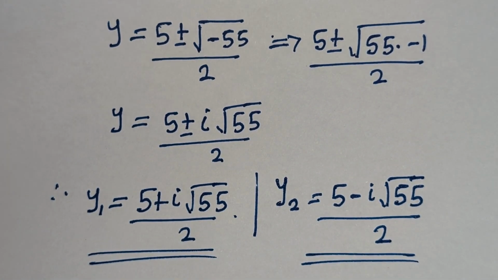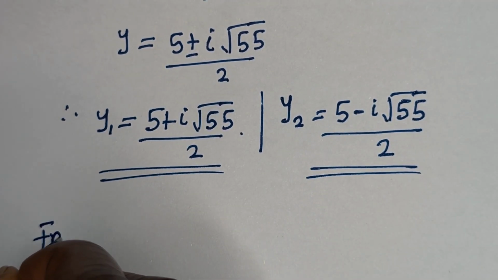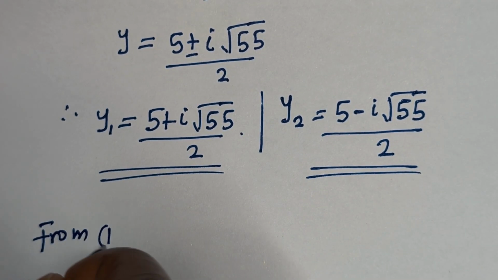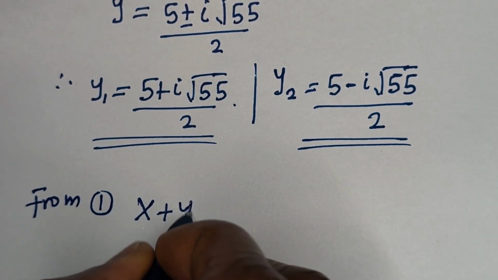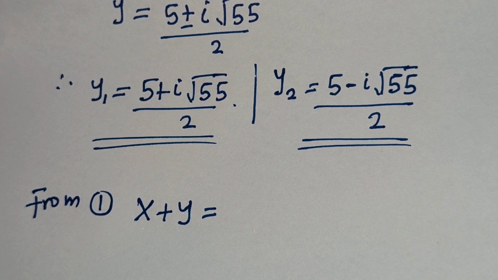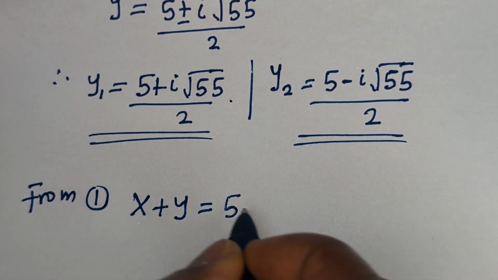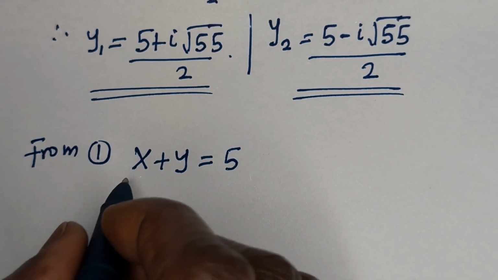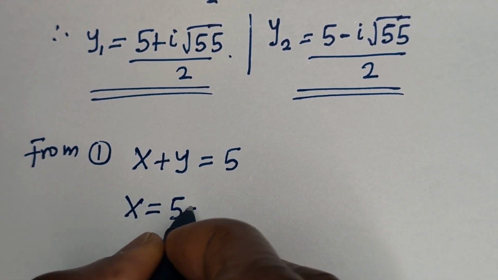Let us solve for x. To solve for x, from equation 1, x plus y is equal to 5. Then x is equal to 5 minus y.